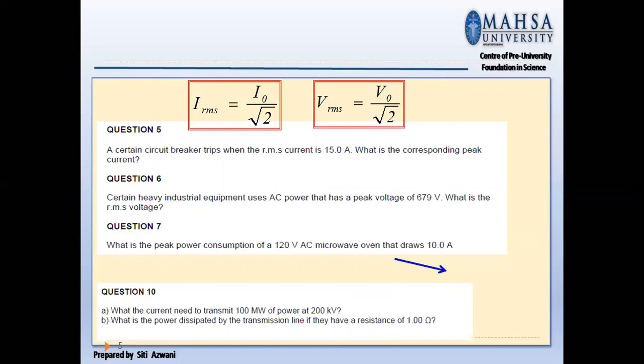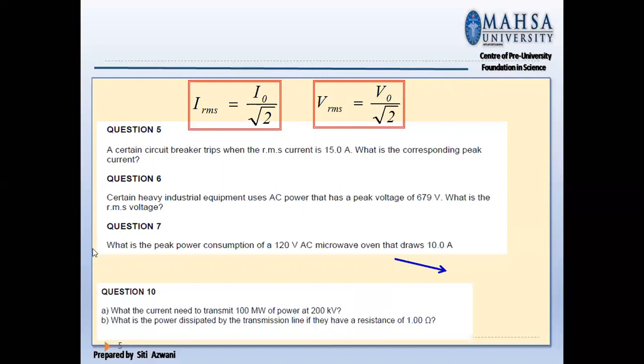You don't have a term of VRMS, IRMS in the direct current, and also you don't have a term of the maximum value of your voltage or current in the direct current. But IRMS is not the same as the peak current, the maximum value of your current. VRMS is not the same as the maximum value of your voltage.